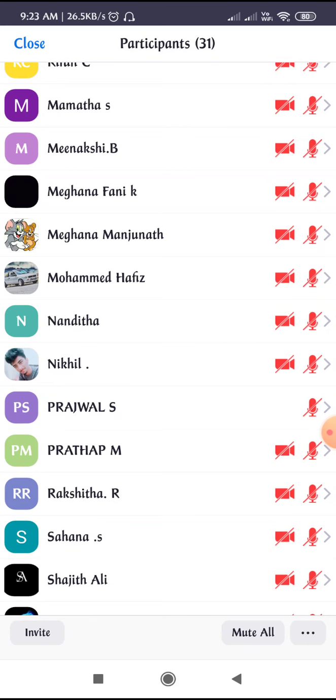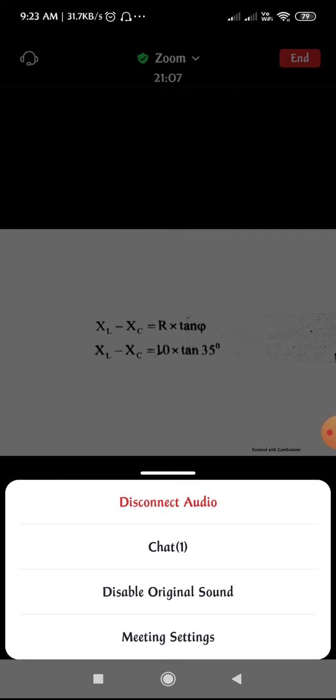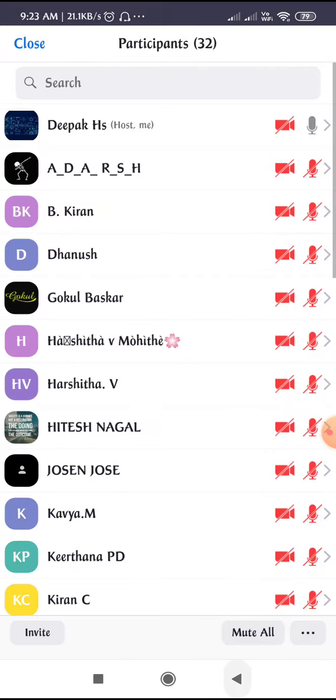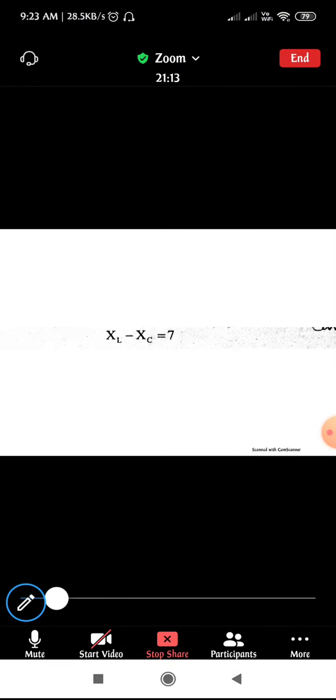How about Hafiz? Yes, Mohammed Hafiz, what is the value of XL minus XC? Yeah, correct. So the value of XL minus XC comes out to be 7.